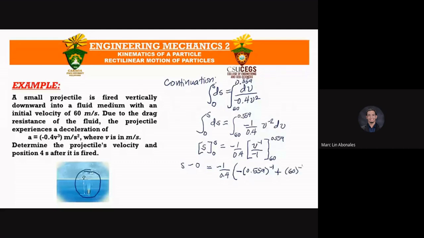So what is inside the parenthesis, where we substituted 0.559 and 60? What is the value? Then multiply by negative 1 over 0.4. For our answer, since s minus 0 is just s, s remains on the left side. So what is our answer on the right side?